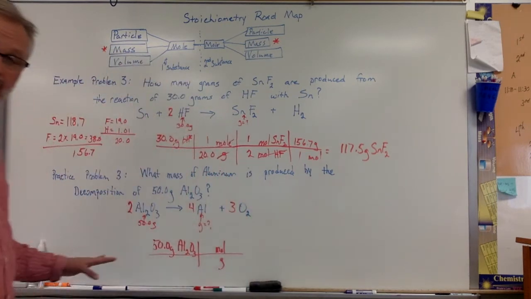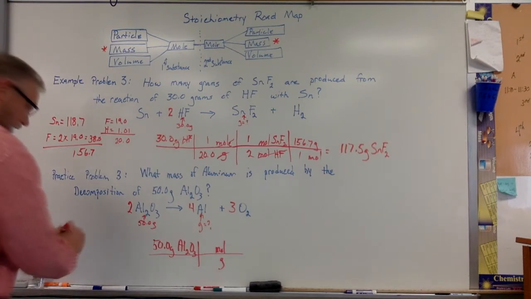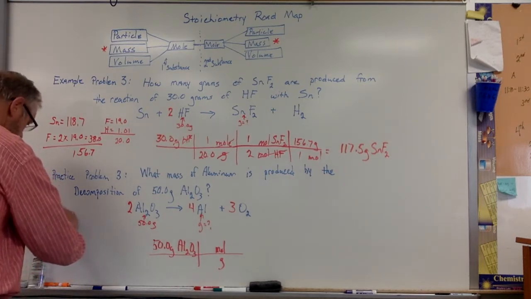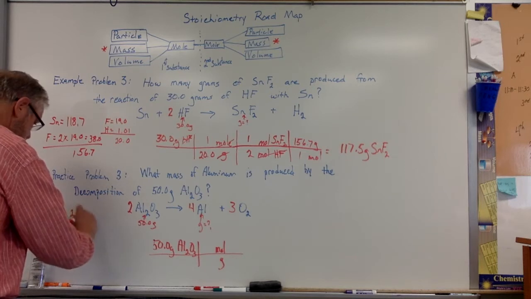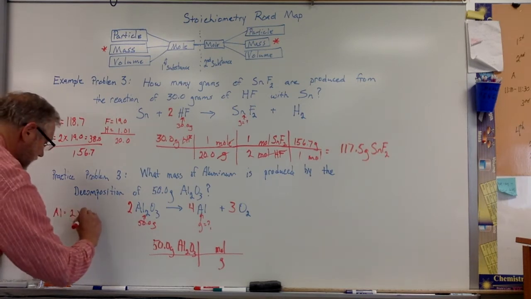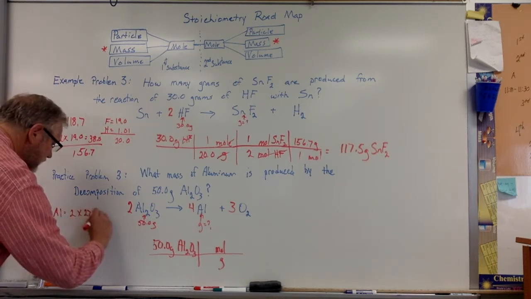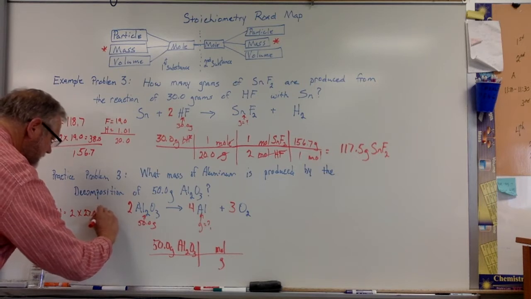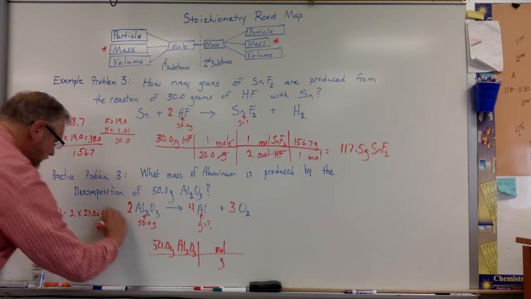I'm going to first convert that to moles. So I have to get the molar mass of the aluminum oxide. So I know that I have aluminum, which is 2 times, and my aluminum is going to be 27.0, so 2 times 27.0 is going to be 54.0.